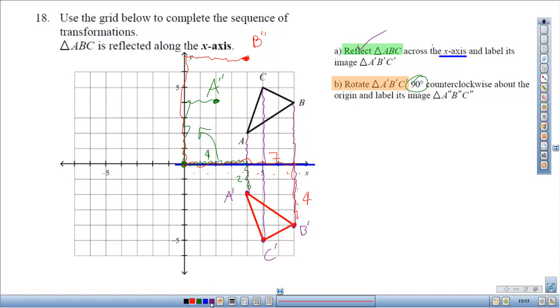And finally, let's do point C. I think I'm going to go this way this time. Down and over. That's 5 by 5. So if this thing rotates over, it's going to be over 5 and up 5. And actually point C is going to land, C double prime is going to land right where it was before.